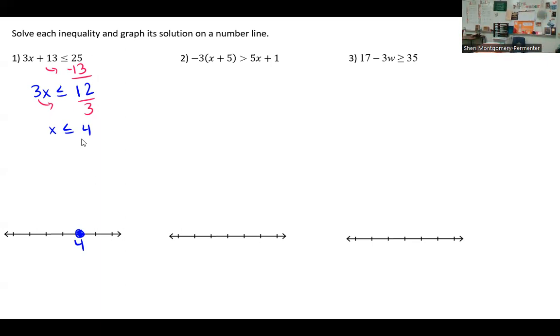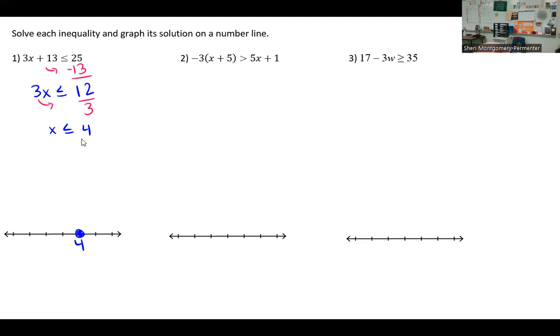You don't need to do that. You don't have to overcomplicate it. All you need is 4. So what we're going to do now is pretend like this is an arrow. That's how we know which way to shade.